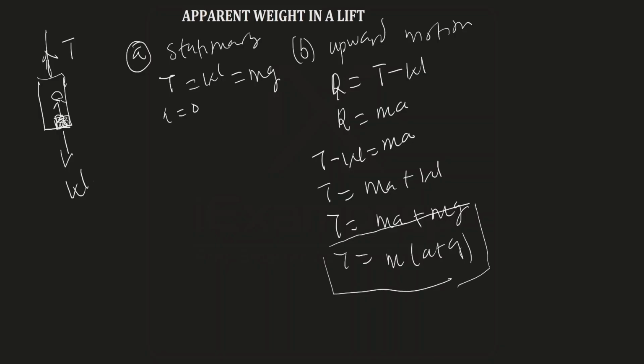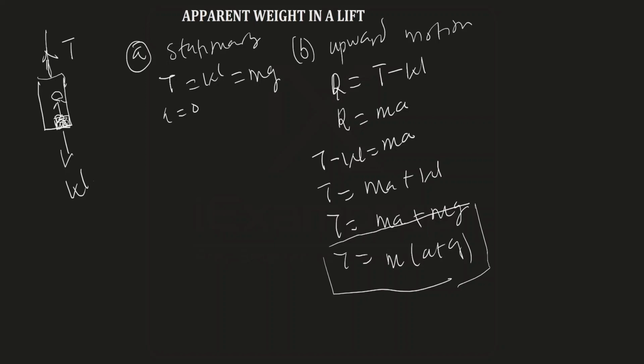As I said before, the tension in the rope is equal to the reading in the scale. So for upward motion, the tension is equal to mass multiplied by the sum of the acceleration of the lift plus the acceleration due to gravity. What it then means is that in an upward motion, the apparent weight is going to be greater than the real weight of the object. So that is for upward motion.